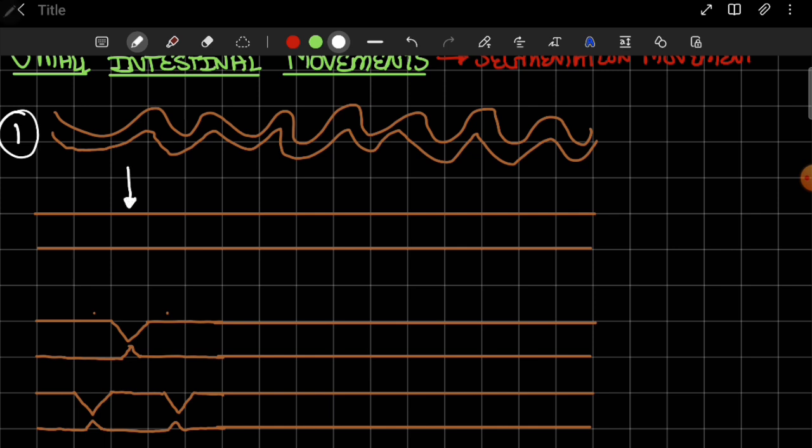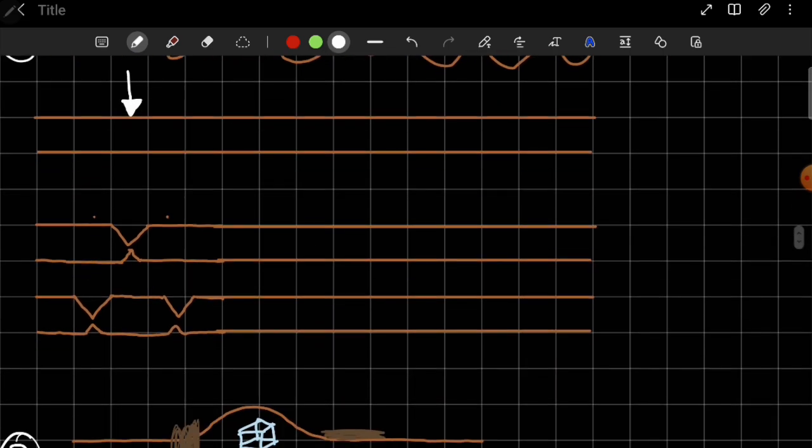For example, if the food is here, it will contract here. We assume a contraction occurs here, and the part will look like this. See, a contraction occurs.